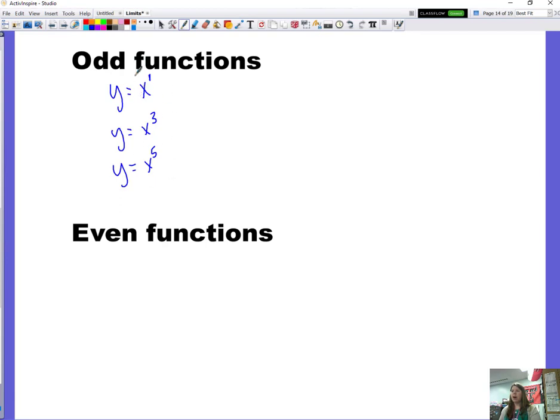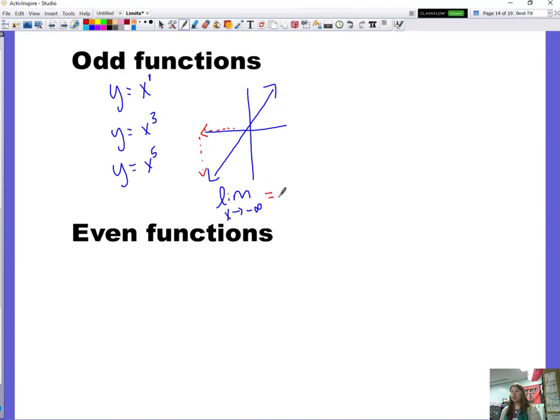If it's an odd function, the graph of y equals x starts low and ends high. If we looked at the limit of this as x approaches negative infinity, as x goes in this direction forever, y is going in that direction forever.